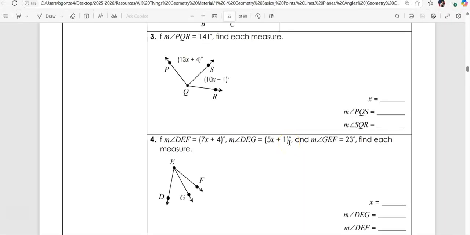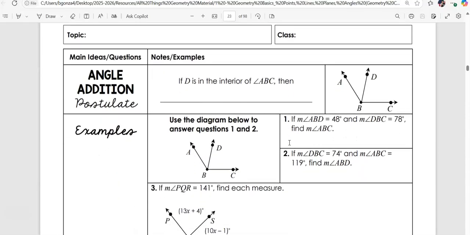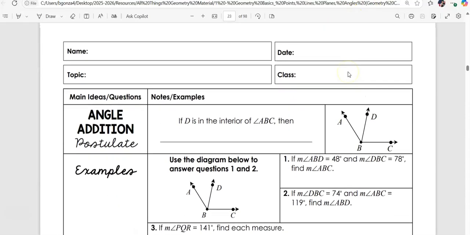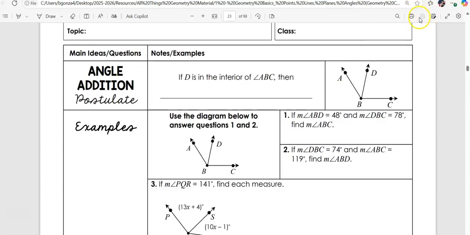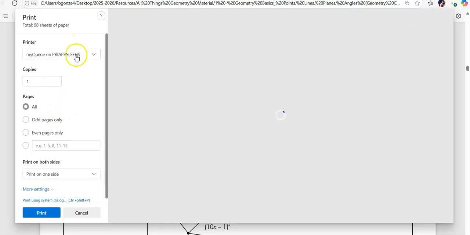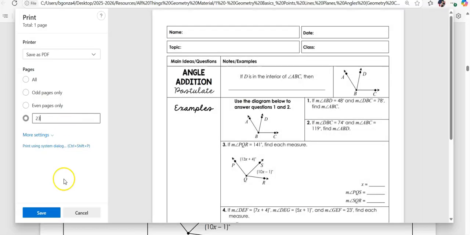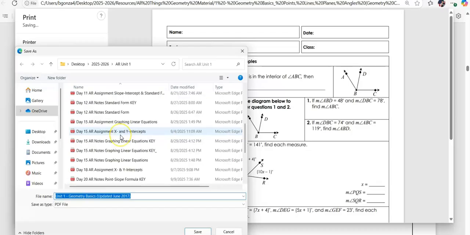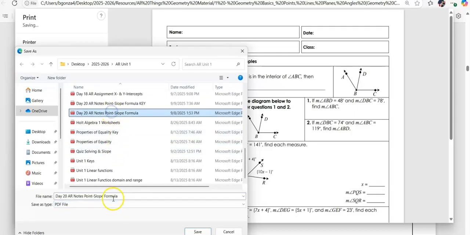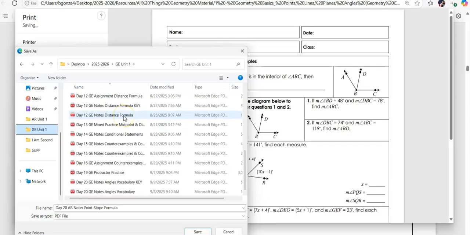Wait a minute. Something ain't right. Sorry, 1 second.